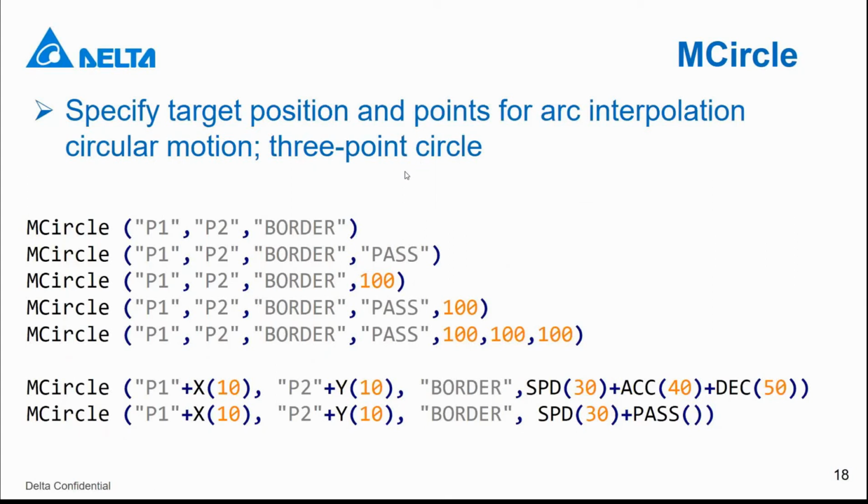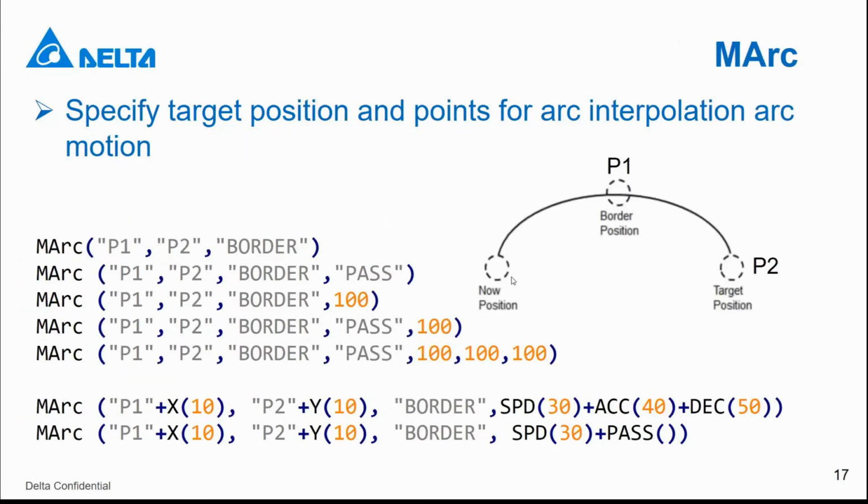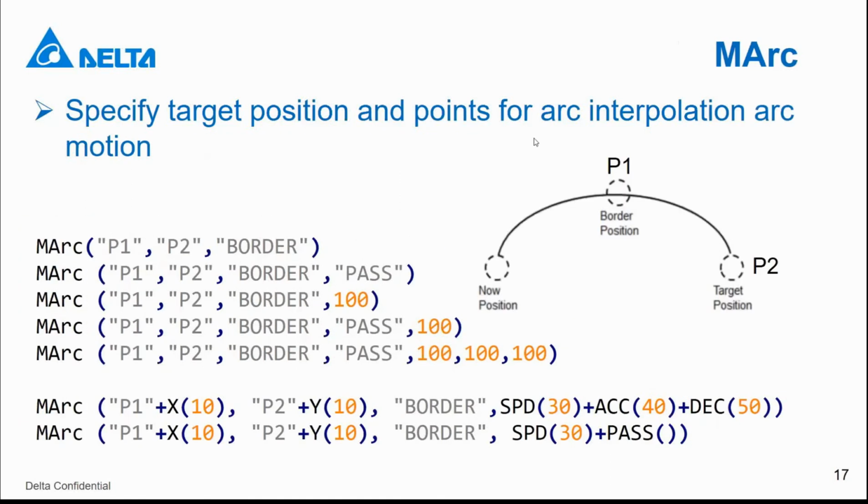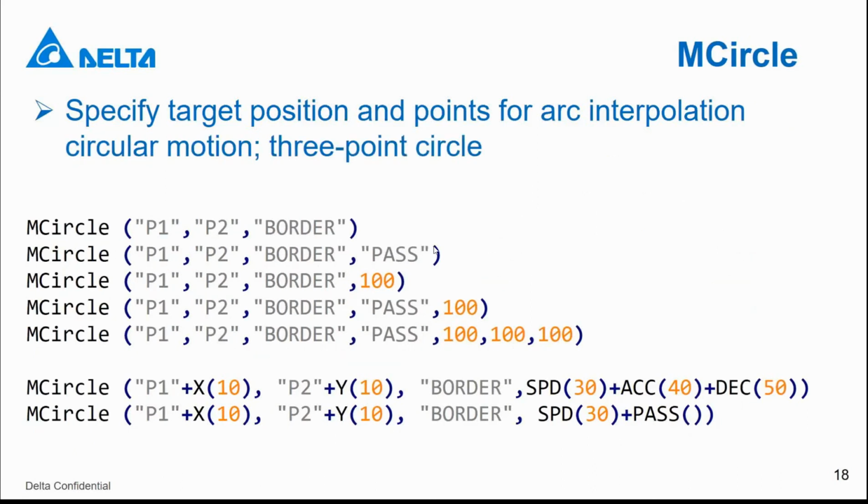For the definition, it's similar to the arc motion. Just that for the circle instruction, you will finish the whole circle and then go back to the original position. So this is the M circle. You can see the usage is also similar to M arc motion.